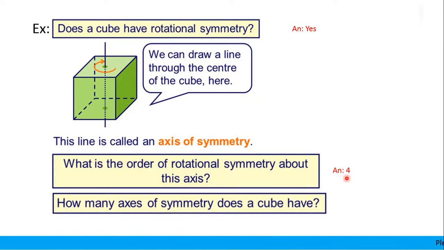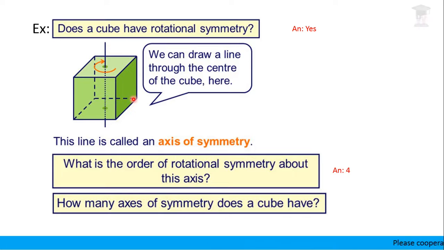How many axes of symmetry does a cube have? Can you count? Yeah, this is 1. From here to there, 1. From here to there, 1. 3. And then this vertex, this vertex, this vertex, this vertex, and so forth.